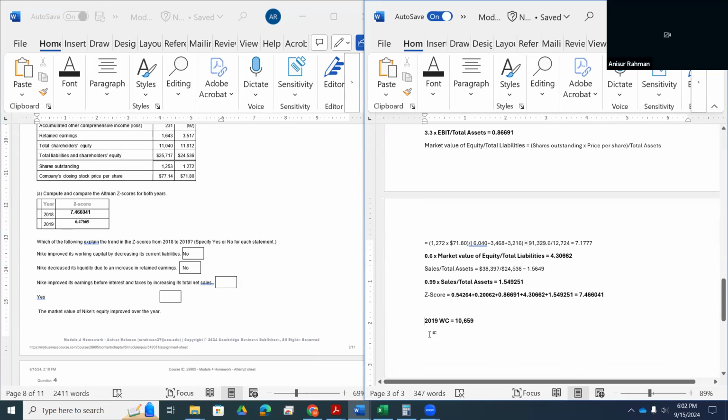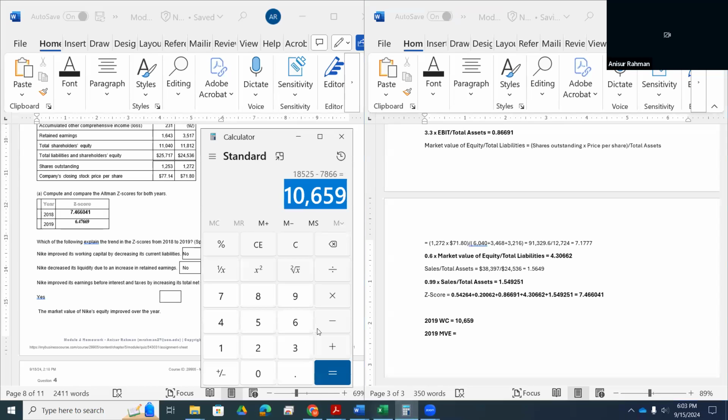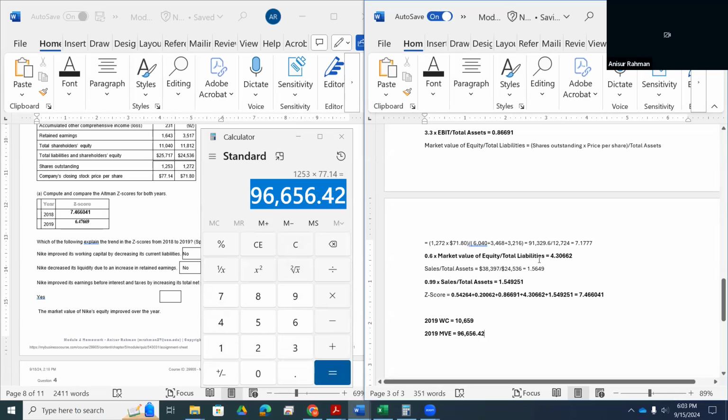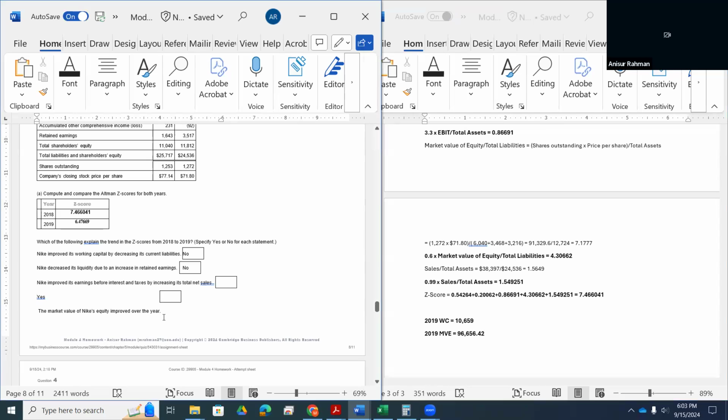Now, 2019 market value of equity is, with the number of shares outstanding 1,253 multiplied by stock price 77.14, 96. So previously it was 91, now it is 96. So the market value of Nike's equity improved, so that is also true.